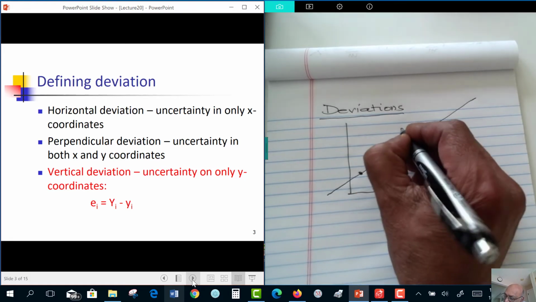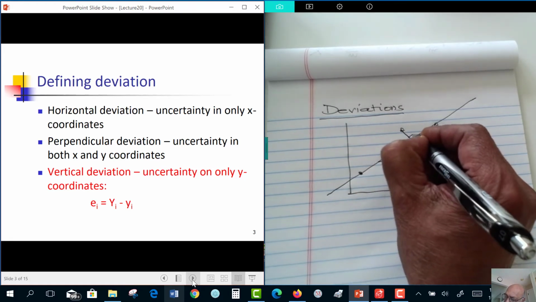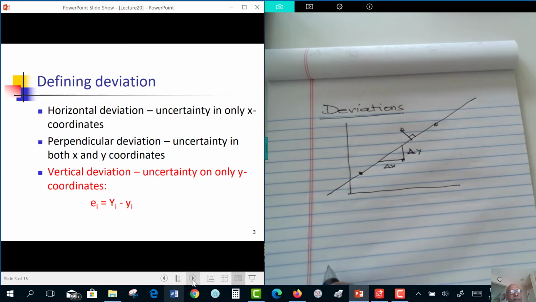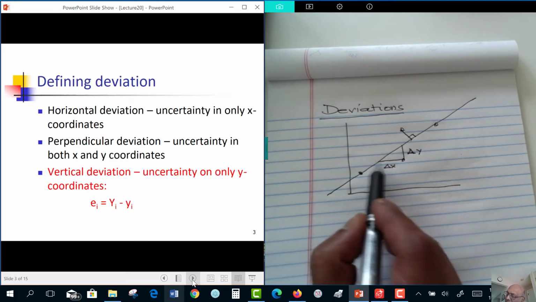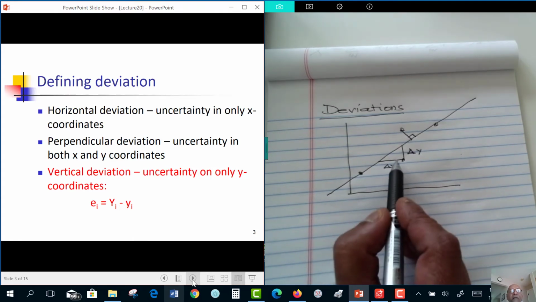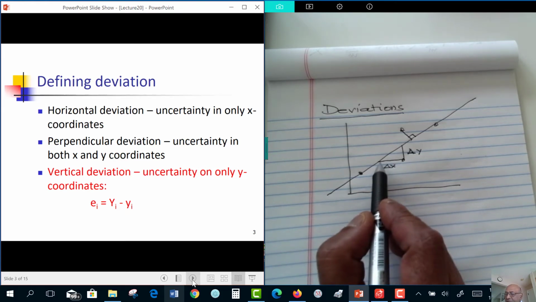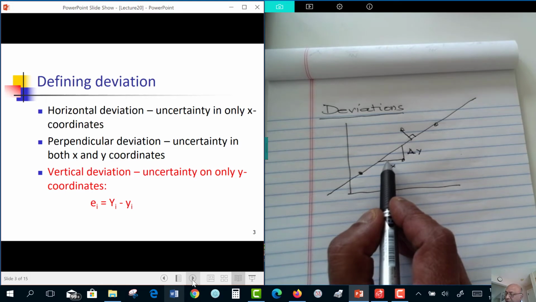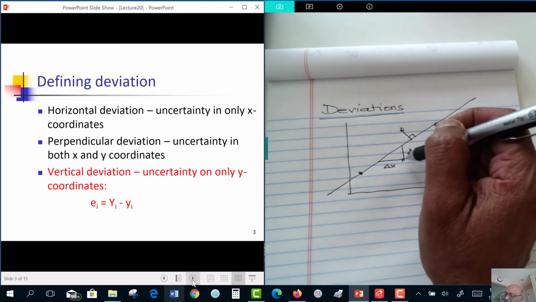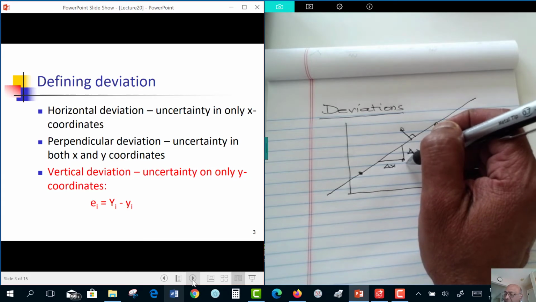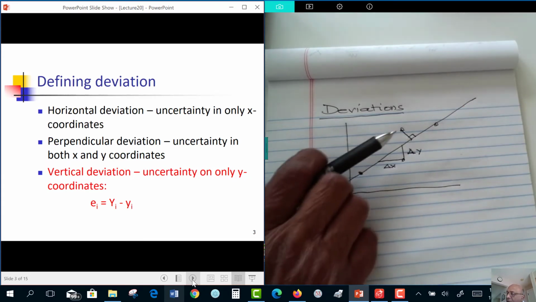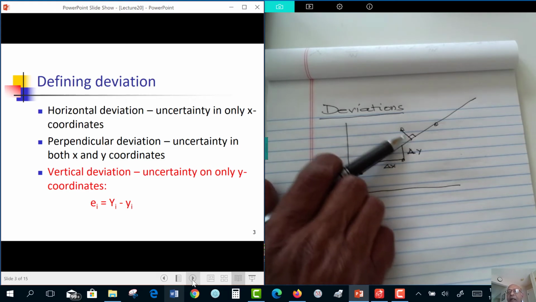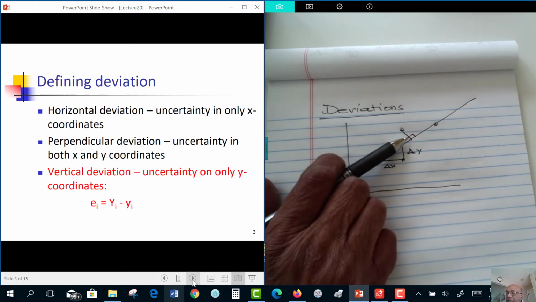We can also define deviation which is perpendicular. If only x has uncertainty, we should use horizontal deviation. If y has uncertainty, we will use vertical deviation. If both x and y have uncertainty, we will use perpendicular deviation.